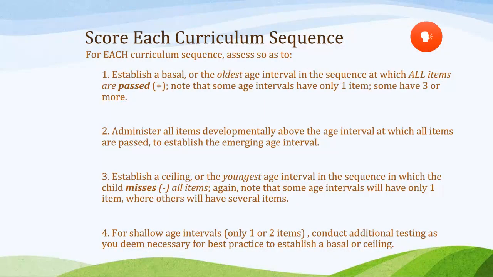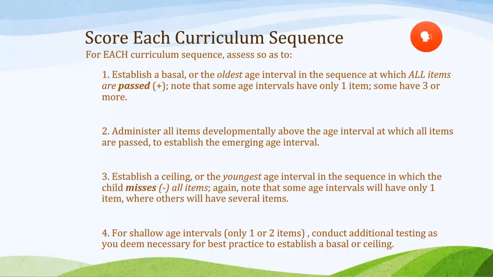You must establish a basal and ceiling for each sequence that is assessed. To do so, start assessing items at the child's perceived developmental age for that sequence. If the child receives a score of plus for all items in the age interval in which you started, that is, the child has mastered all the items in that age interval, continue to assess items at the next higher age interval.